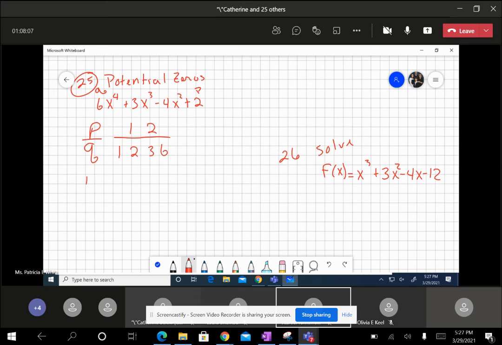So I'm going to say 1 over 1, 1 over 2, 1 over 3, 1 over 6. Then I'm going to say 2 over 1, 2 over 2, 2 over 3, and 2 over 6. And all of these are plus and minus, positive and negative.